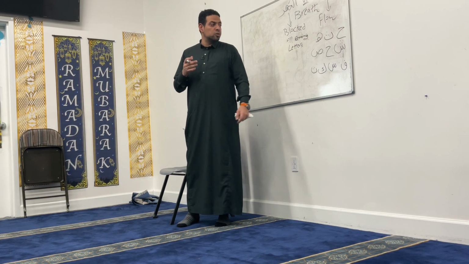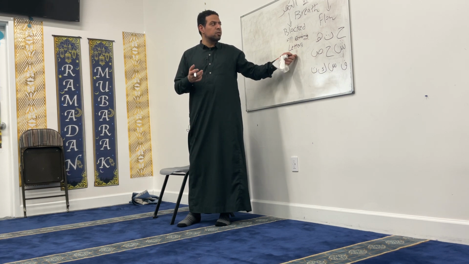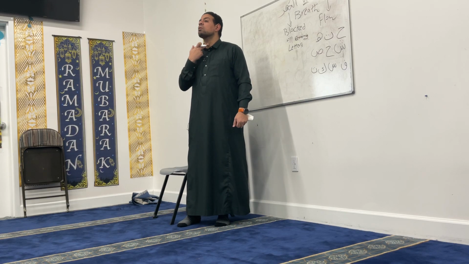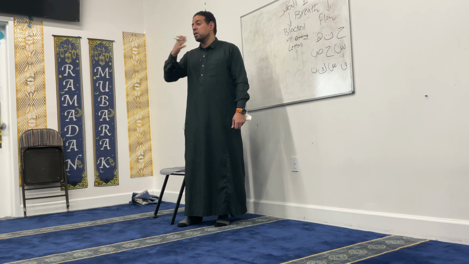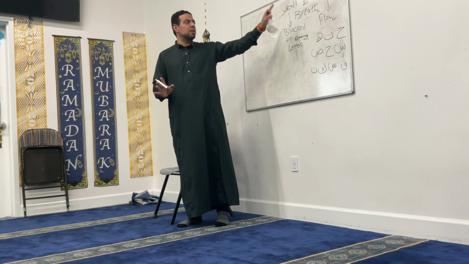No, ha is hams. Okay, I need another letter for jahr. Qaf, qala, qa, qaf. The letter of qaf uses the vocal cord, you cannot use your breath. You cannot exhale when you pronounce the letter. That's fine. So this is hams and jahr.